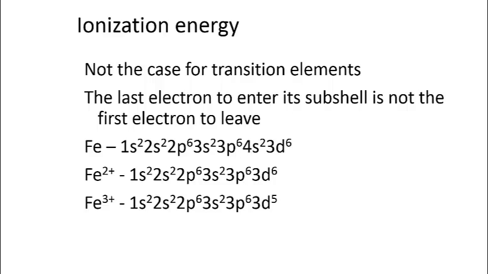Now this explains why many of the transition elements tend to form a stable 2+ ion. Iron's electrons in its 3d orbital remain unaffected until after iron loses electrons from its 4s subshell first.